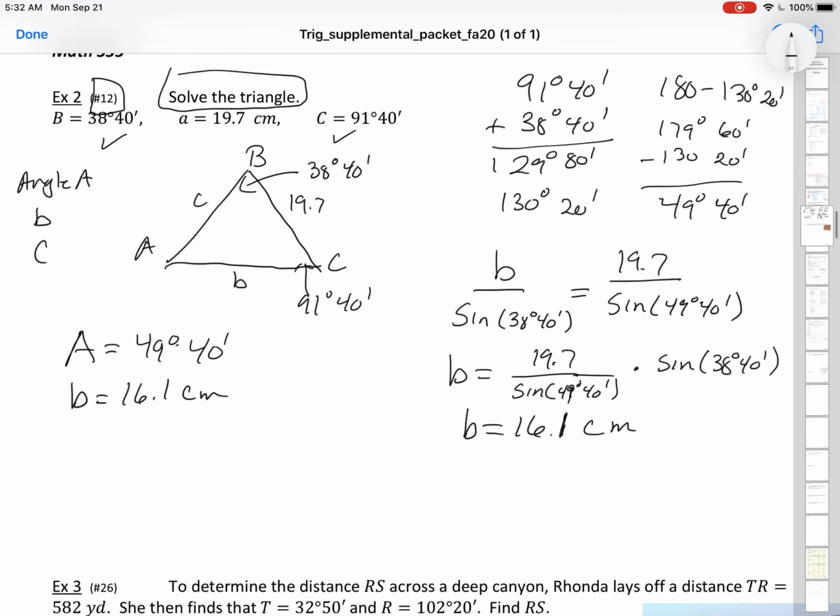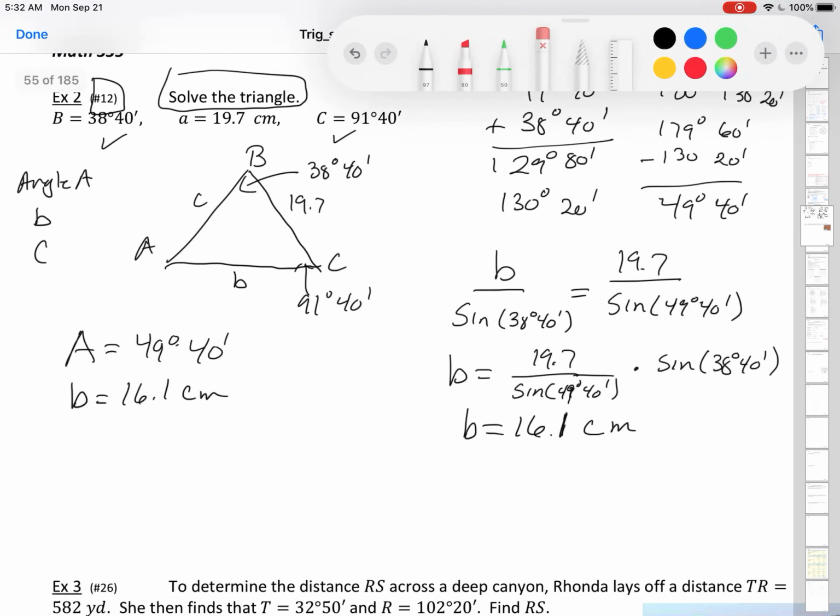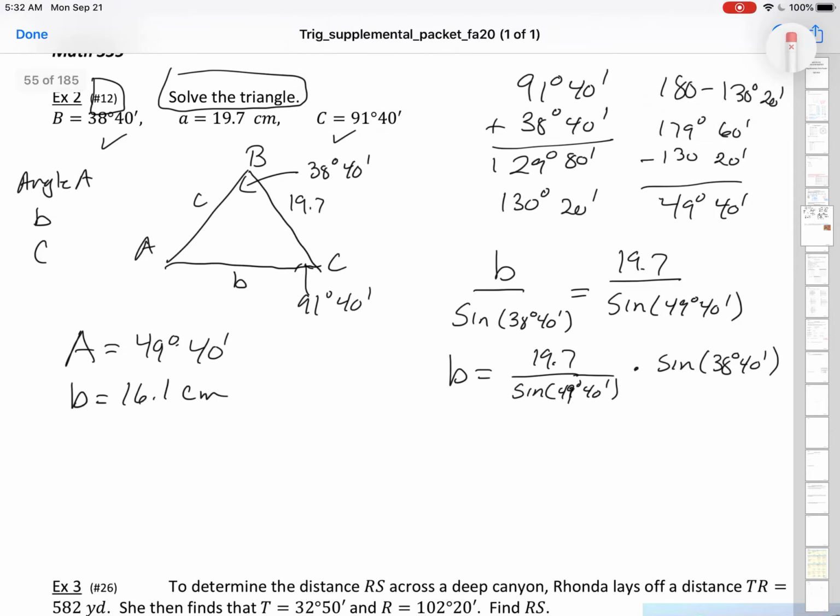So now we got to go get side length C. So what we're going to do for side length C, the exact same thing. Since I have the luxury of erasing, what I mentioned earlier is I always want to use the given side length. And so I'm going to stick with this 19.7 all over the sine of 49 degrees 40 minutes.